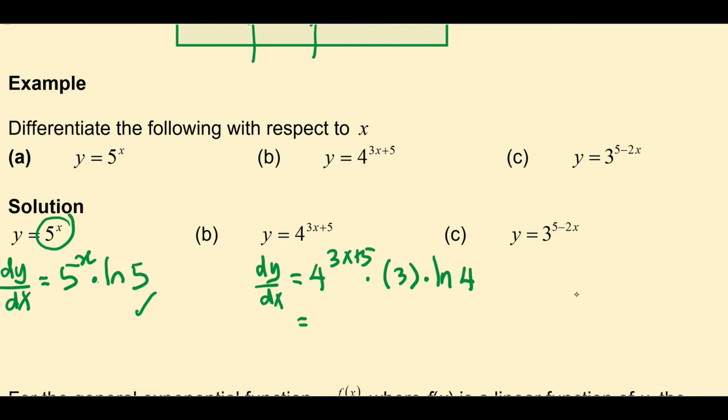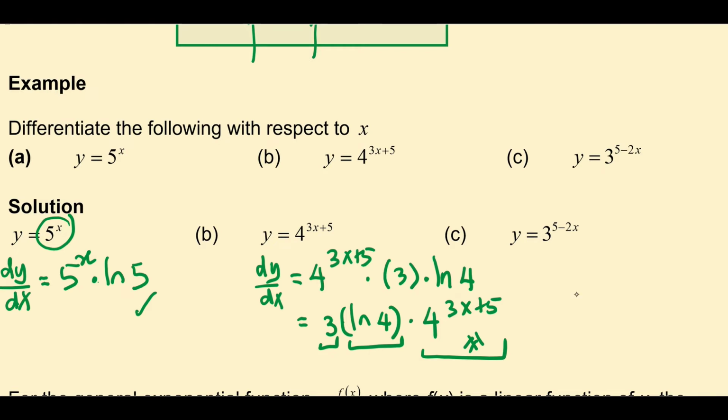So I will bring 3 in front: 3 ln 4 multiplied with 4 to the power of 3x plus 5. We have 3 things to be considered here. 3 is a constant, ln 4 is another constant, and this is the exponential function.